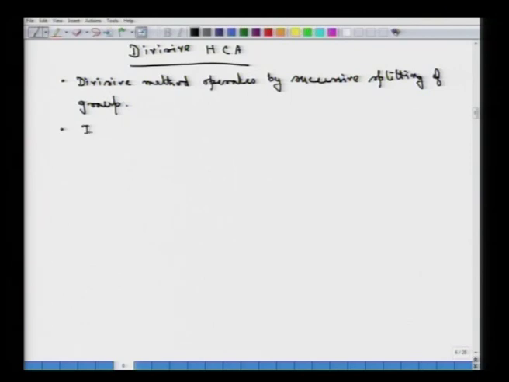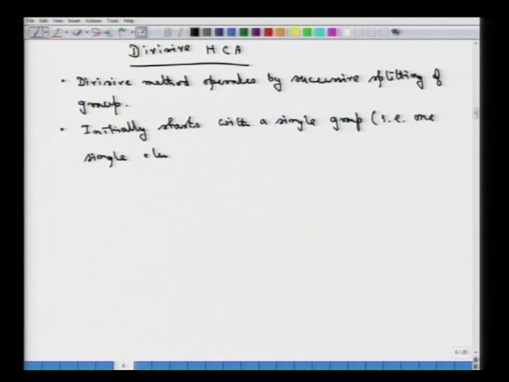This initially starts with a single group, that is one single cluster, where all the objects are put together. It starts with one single cluster.